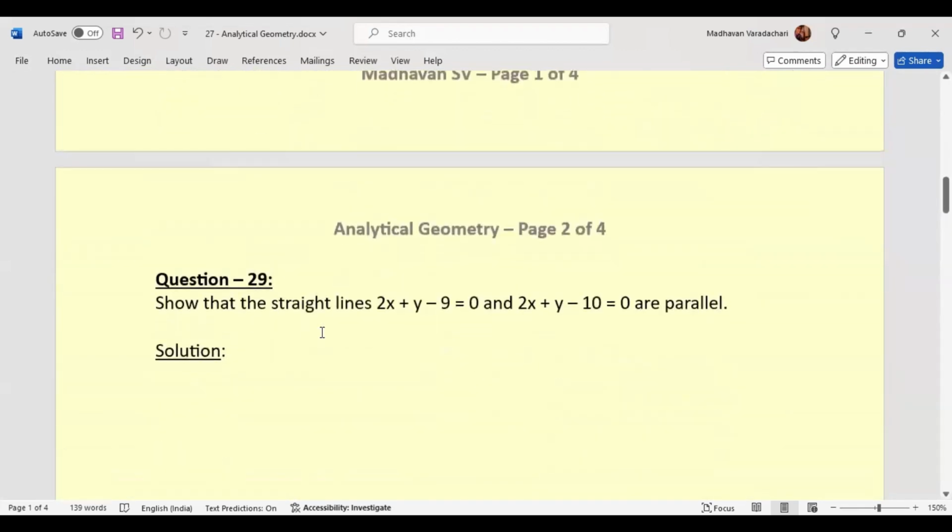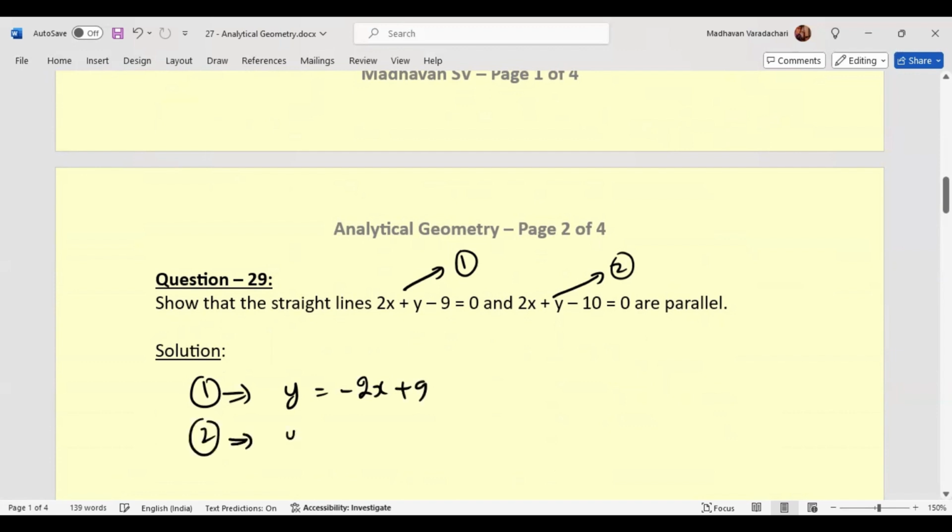Show that the straight lines 2x plus y minus 9 equal to 0 and 2x plus y minus 10 equal to 0 are parallel. So consider this as equation 1, this as equation 2. 1 can be rewritten as y is equal to minus 2x plus 9.